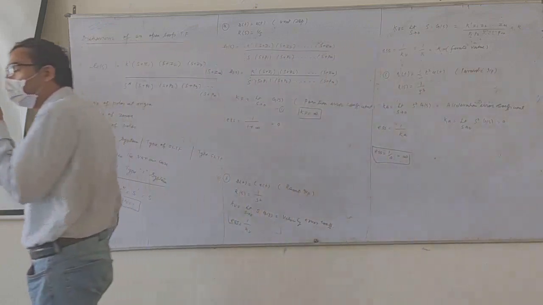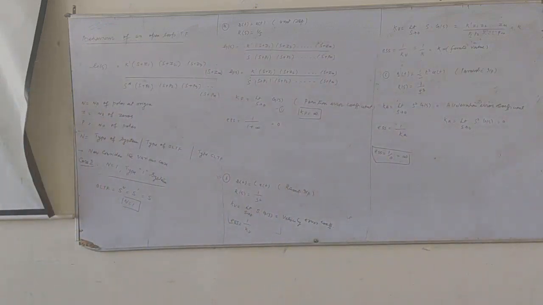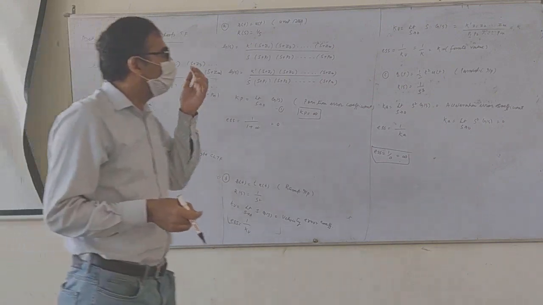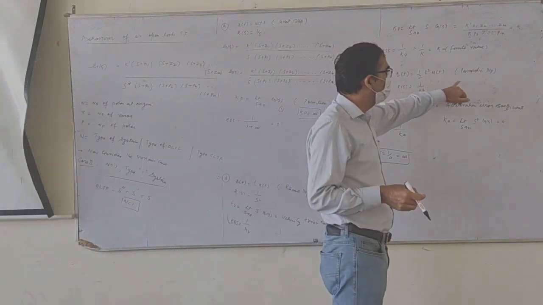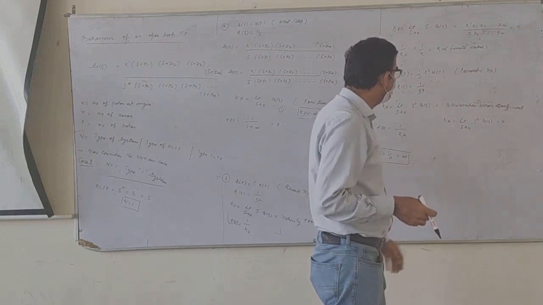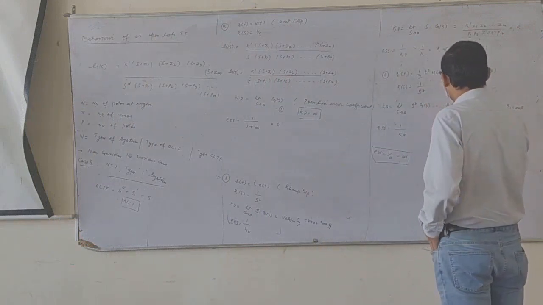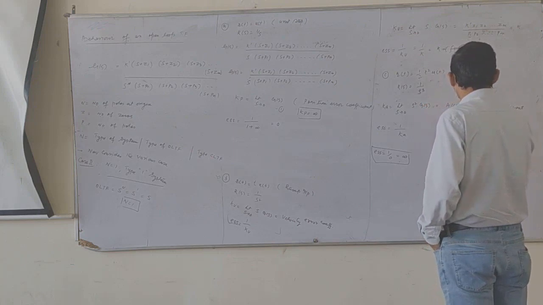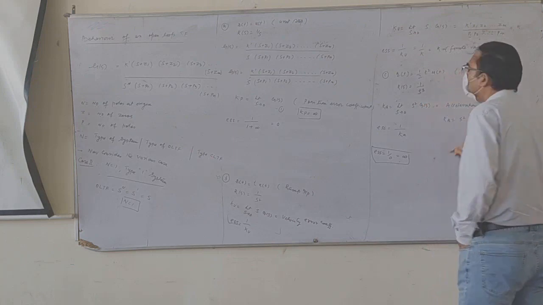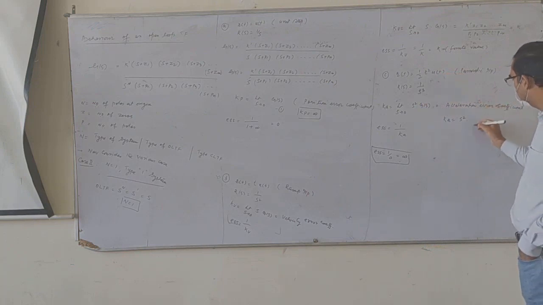Is it understood? This is a finite value. Type 1, yes. Finite. Okay, move to the third now. Same input, parabolic input, acceleration coefficient. So here what will be K A? K A will be s square into g of s. G of s will have a denominator s.